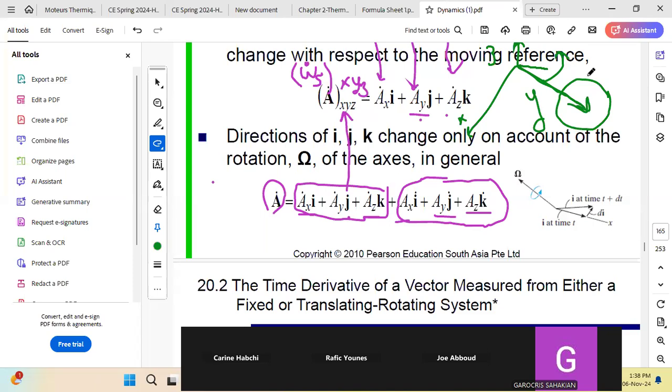The new position of y, if the disk moves here, the small y moves here with it. So small x, small y, small z is attached, if you want, to the axis of the disk. And since this axis is rotating, it will rotate with it, while big X, big Y, big Z is fixed.